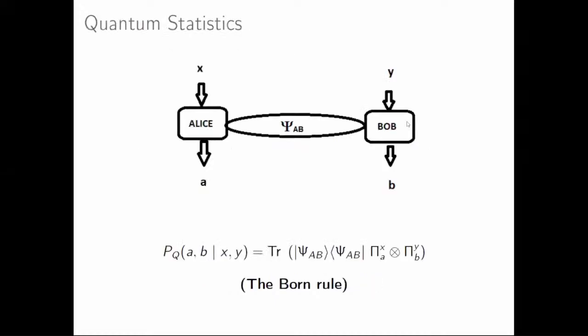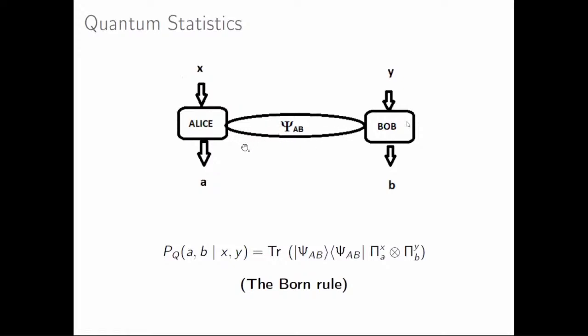So, my first slide is something about quantum statistics. As we all know, quantum mechanics allows us to share a single quantum state between two or more parties. But here, for simplicity, we are just considering two parties, and we are calling them Alice and Bob. And this is the shared quantum state, say psi AB.